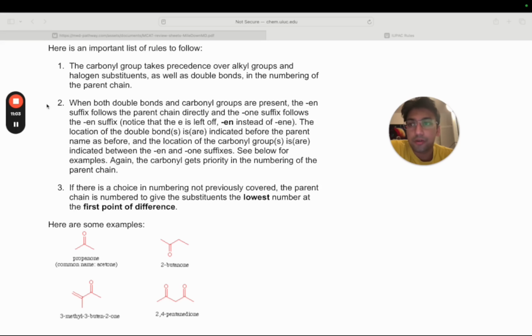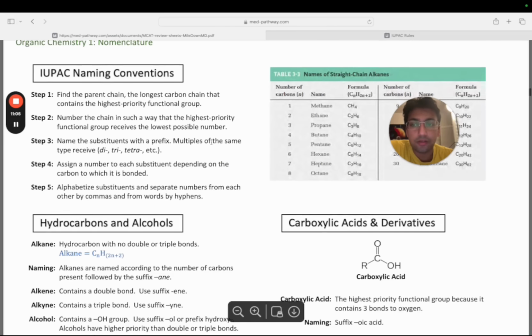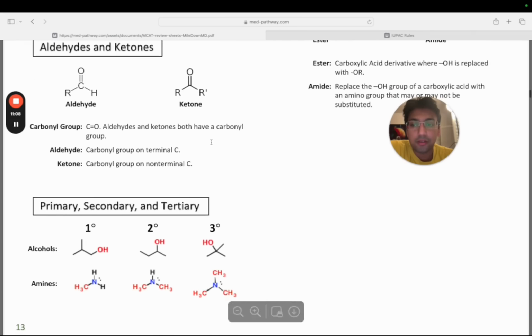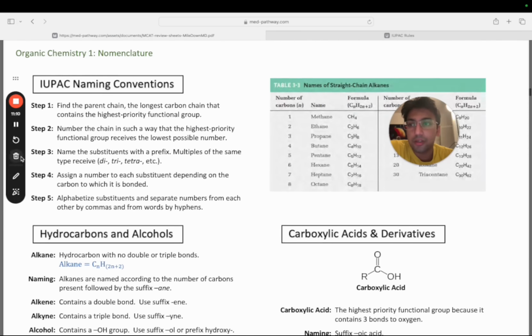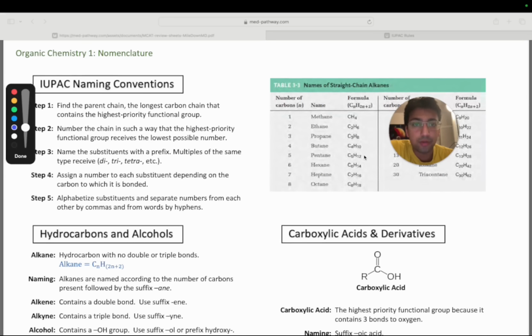All right. Fortunately, we've gone through pretty much everything on this page. So I'm just going to run through this, and hopefully with those examples we'll be able to cover all these things. So first step is find the parent chain, the longest carbon chain, and that longest carbon chain has to contain the highest priority functional group.